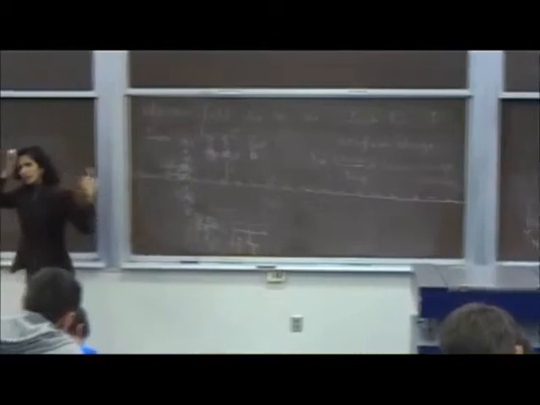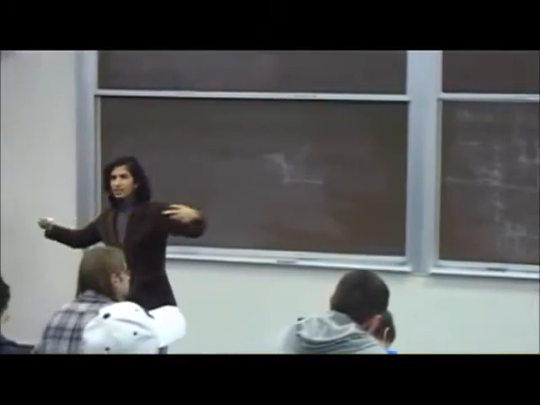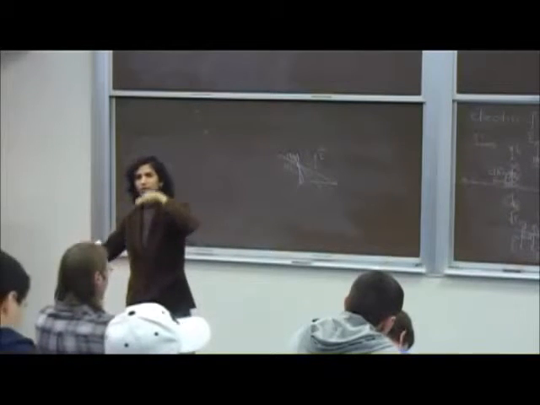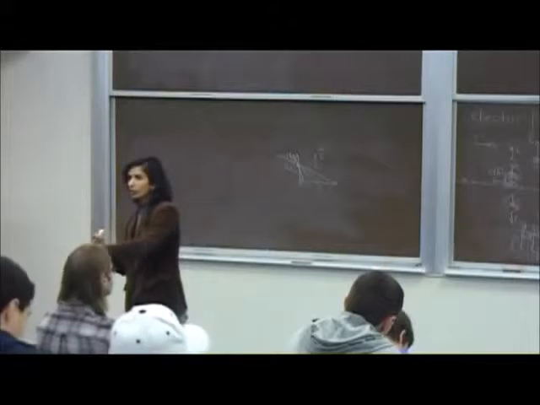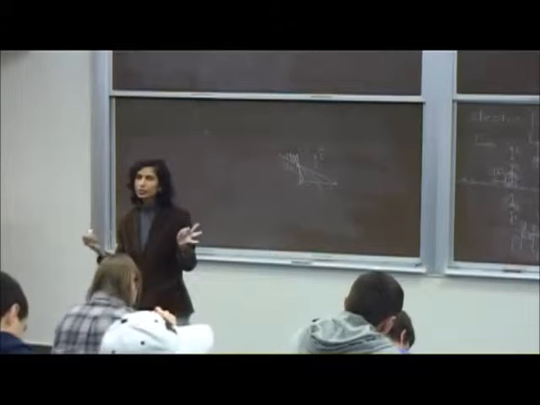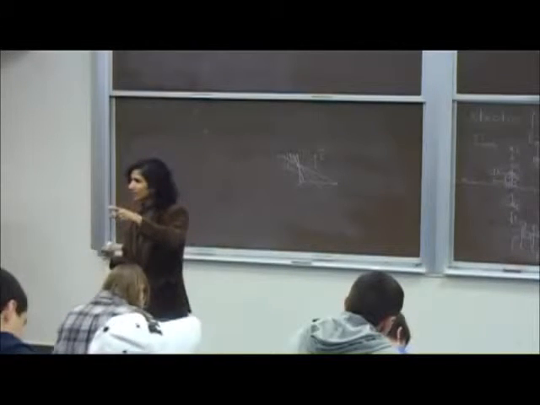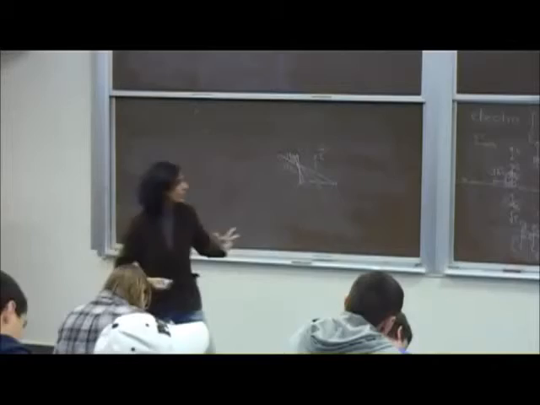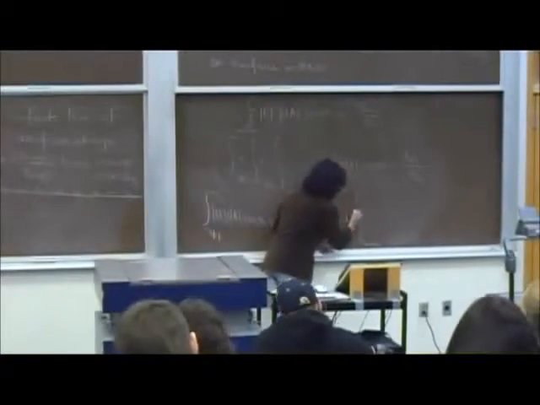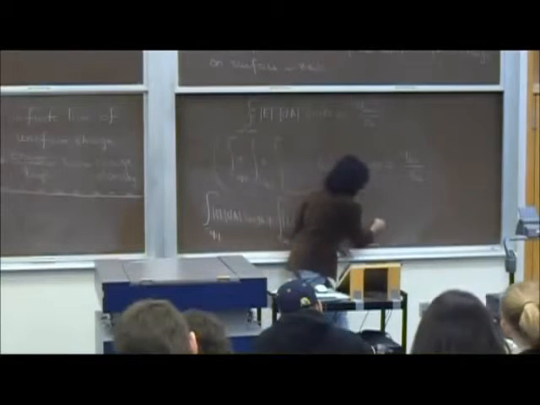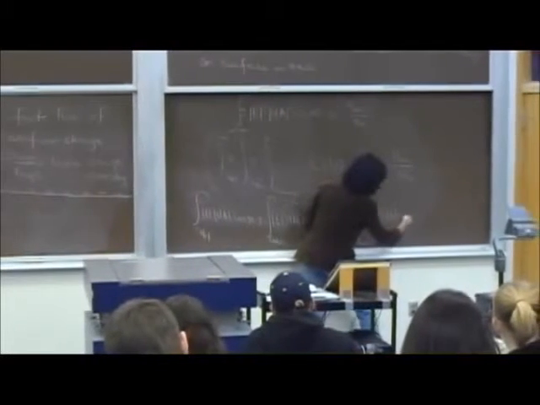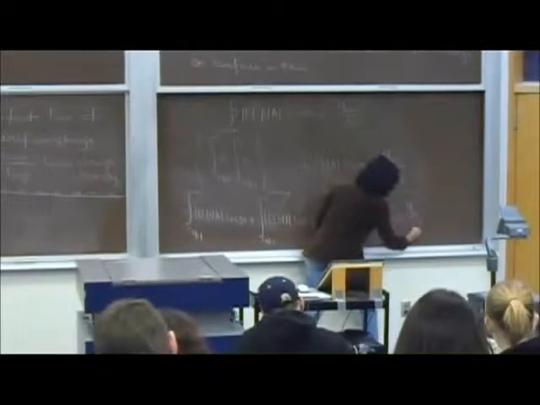Not only that, the way we have chosen this cylinder, the axis of the cylinder is the same as the line. And so are all of the points on the curved part equidistant from the line, the imaginary cylinder that we chose? They are. So will you say that the magnitude of electric field at all points on the curved part will be the same? It should be. So that means I ought to be able to pull the electric field out of the integral, and say this is E times cosine 0 degrees on the curved part times dA, and this is equal to Q enclosed over epsilon 0.